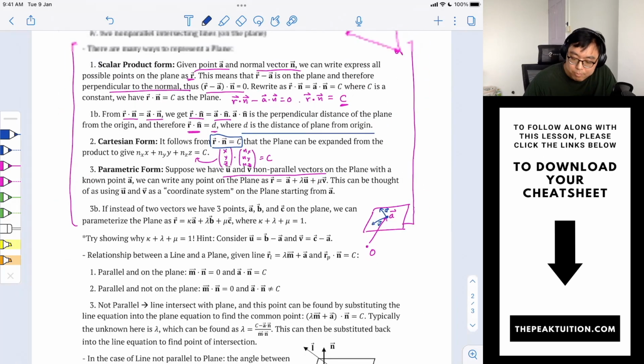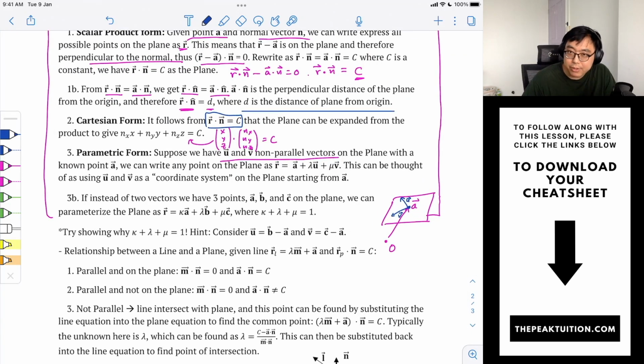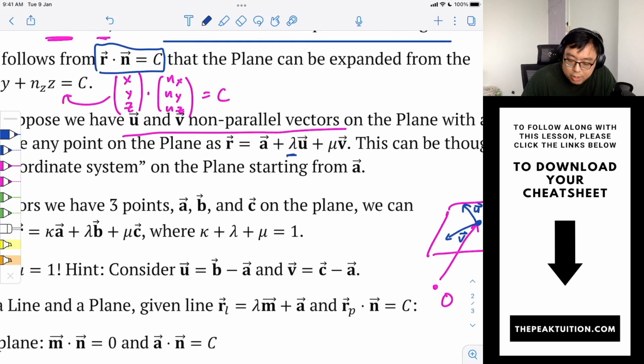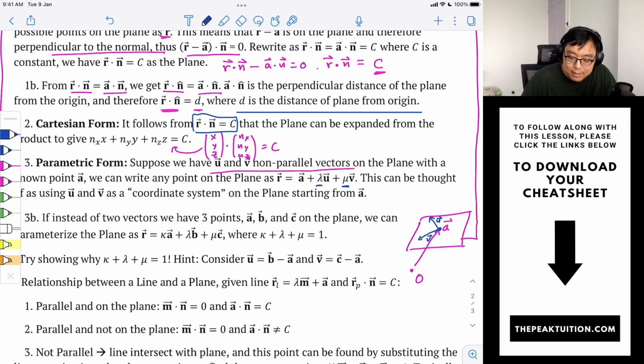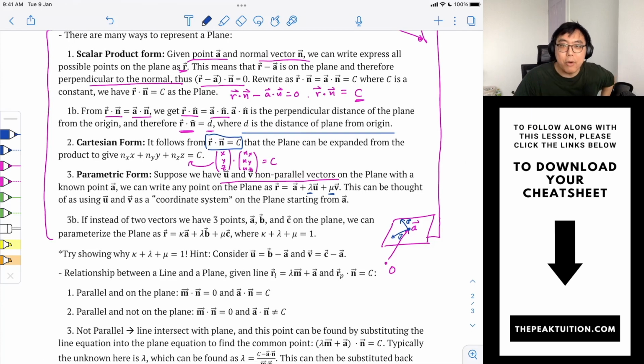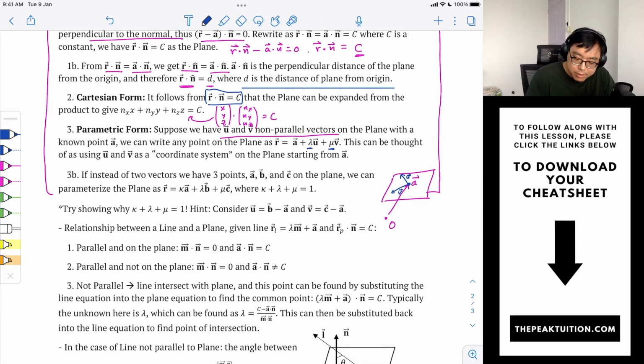And this is essentially what the parametric form is about. You are using a combination of two vectors on the plane and a point on the plane to define all the points on the plane. If it helps, you can think of u and v as a coordinate system on the plane starting from point A.